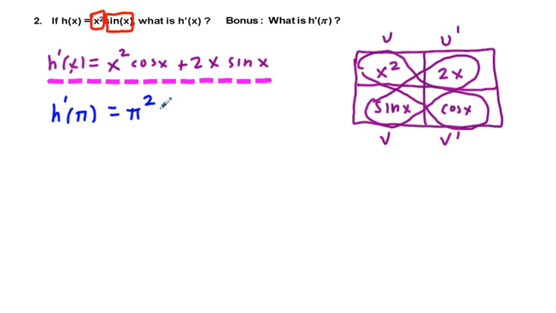Well, cosine pi is going to be -1, plus 2 pi, and sine pi is 0. So that's going to just cancel out, being equal to 0. So h prime of pi is going to be equal to negative pi squared. So that would be a bonus, and that's okay.